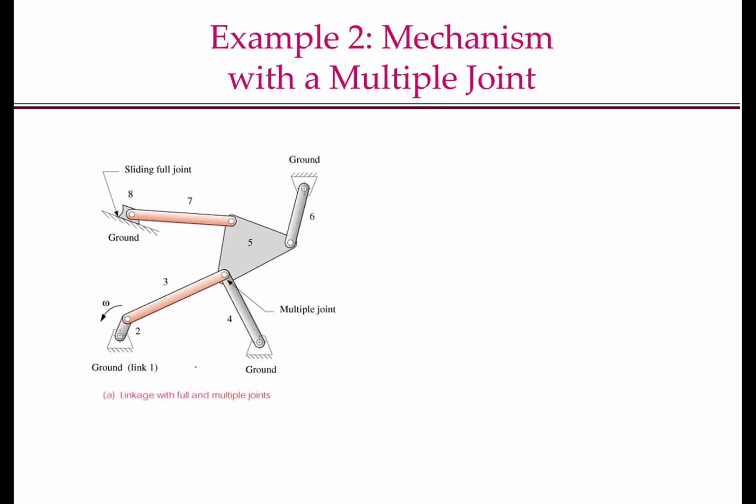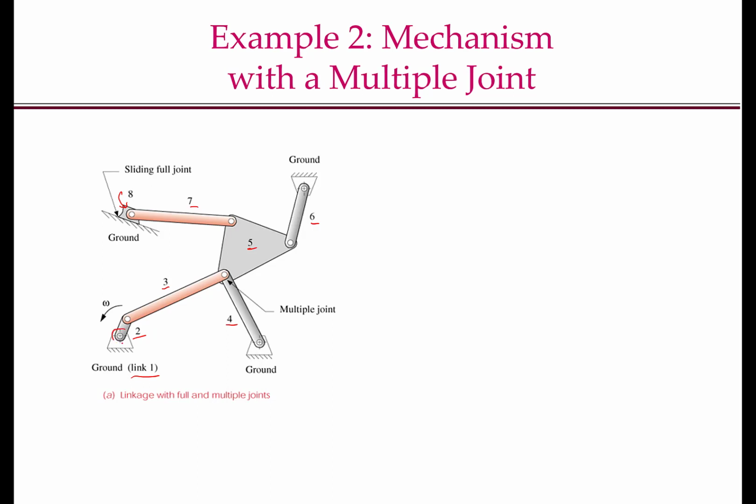Now let's look at another example. First, we will count and label the number of links. The ground is labeled as link 1. Then we have labeled each one of these links as 2, 3, 4, 5, 6, 7. And this slider here is the link 8. How many joints are there?